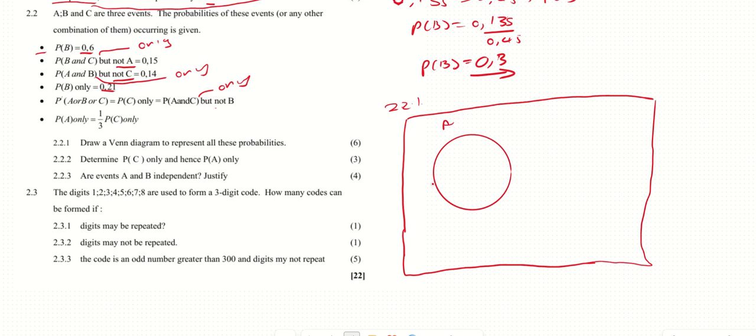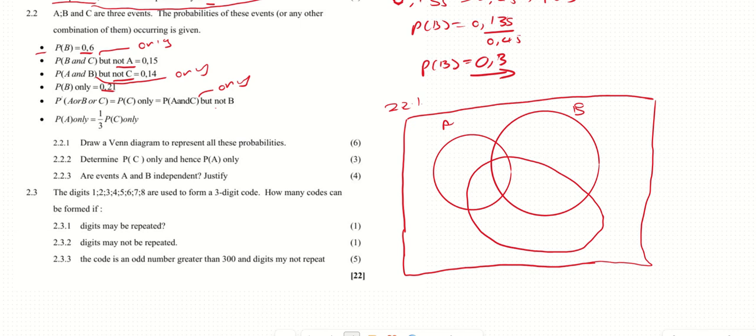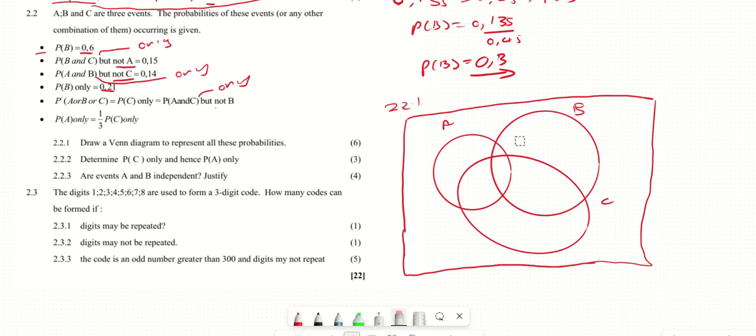This is my event A. I'll pick the second event. This is event B. And this is event C. Okay, let me make A bigger so that I can have it in the right space.